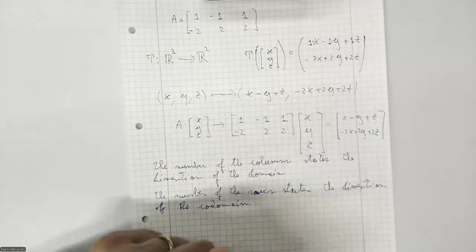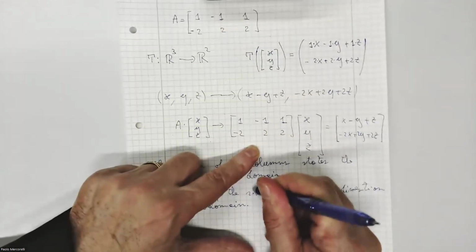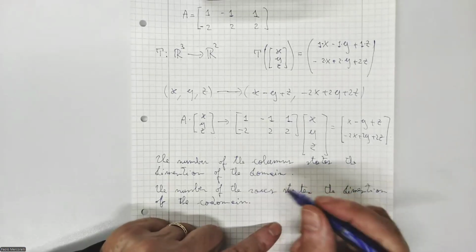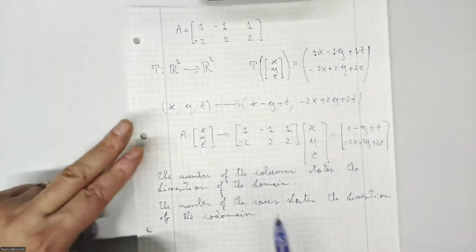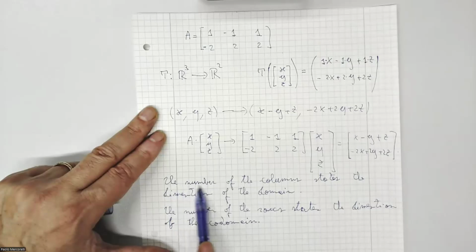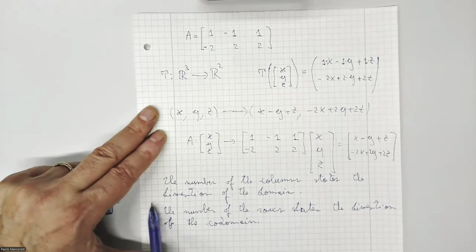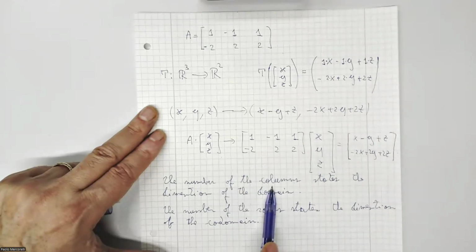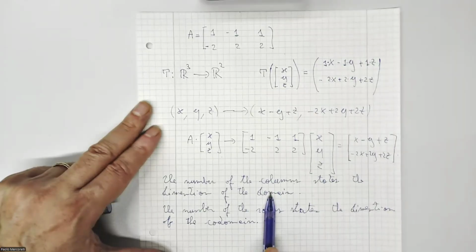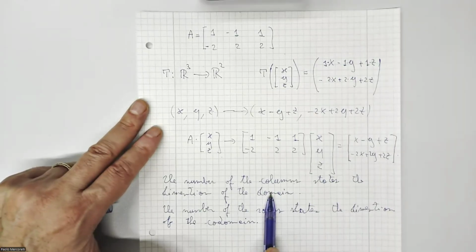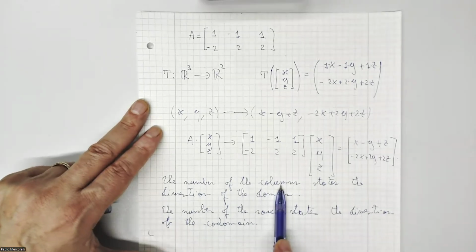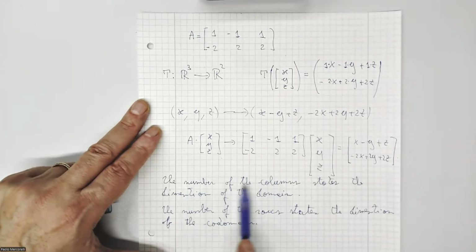In particular, apparently, at the meaning here, the dimension of the domain is not exactly the number of columns, but the number of independent columns.